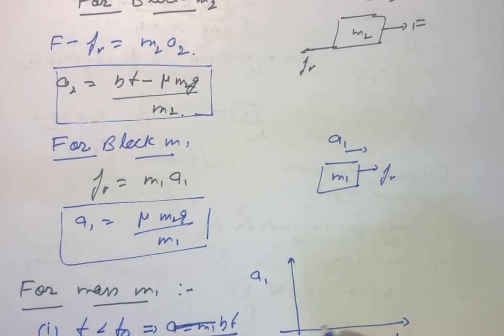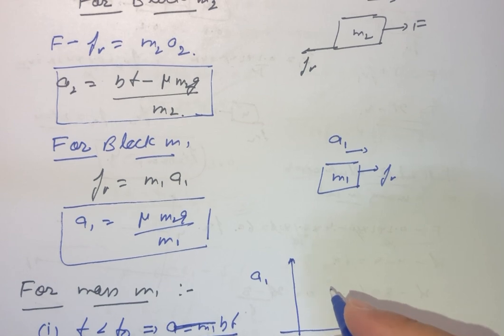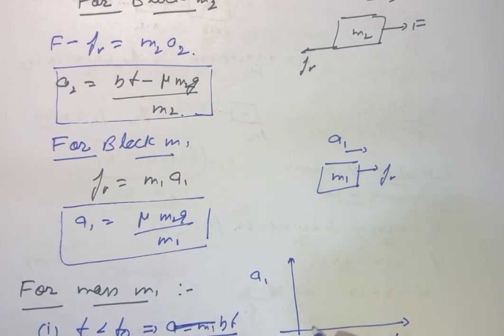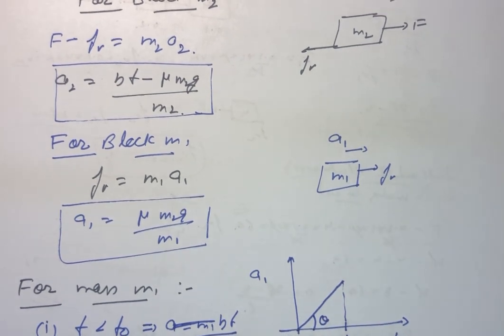So with respect to time, let us divide this graph into two parts. This is our t naught. Up till t naught there will be a linear rise, at an angle theta.